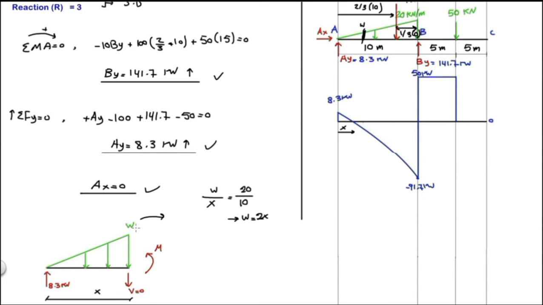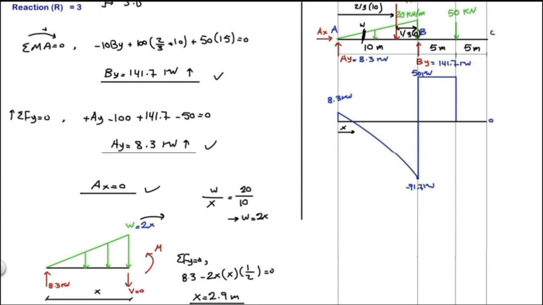So this here is 2x. Now we can find x since it's the only unknown. By taking the summation of forces on the y-axis, we will find x. Solving for x equals 2.9 meter.